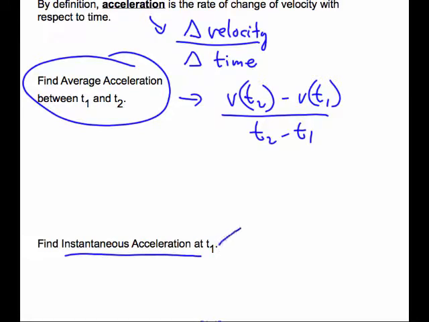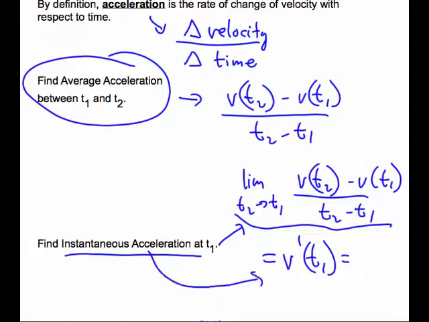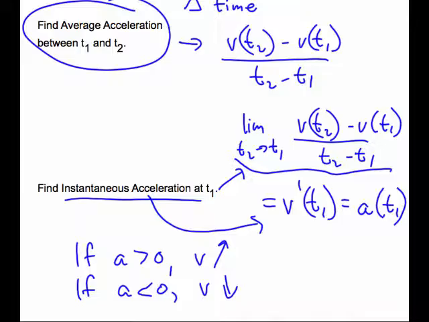And so instantaneous acceleration is the limit as time 2 approaches time 1 of the average acceleration. And this, notation-wise, is v prime of t1, which is equivalent to acceleration at time 1. If acceleration is positive, it means that velocity is increasing. If acceleration is negative, it means velocity is decreasing.